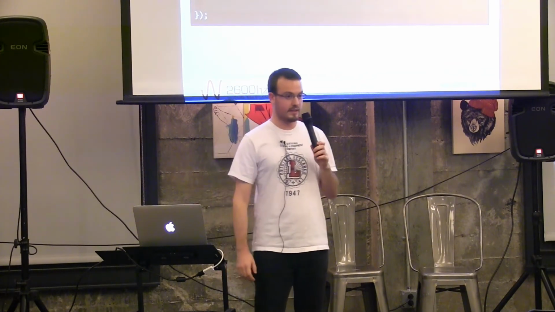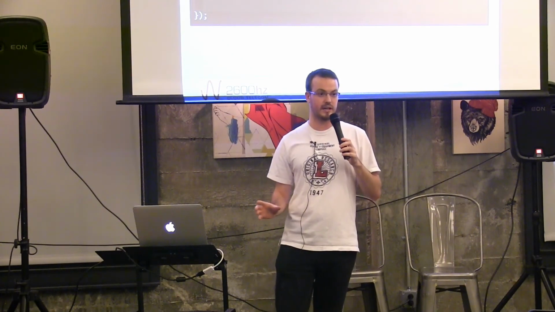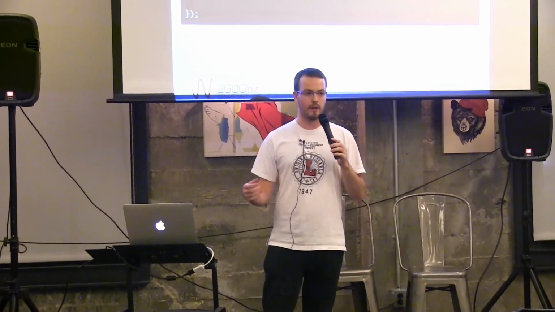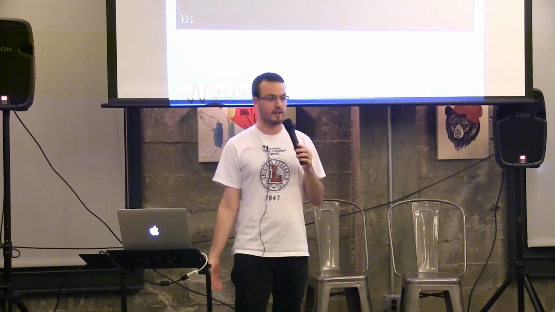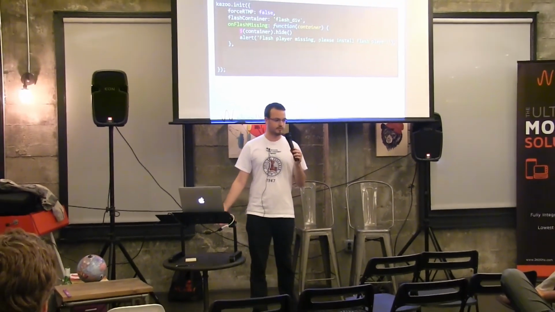Then you have a callback on Flash missing, a function that will be triggered if it's going to load RTMP but Flash is not installed, or you have an old version of Flash that is not supporting RTMP. So you can use that to send an error message to your user and indicate to them to either install Flash or change browser.